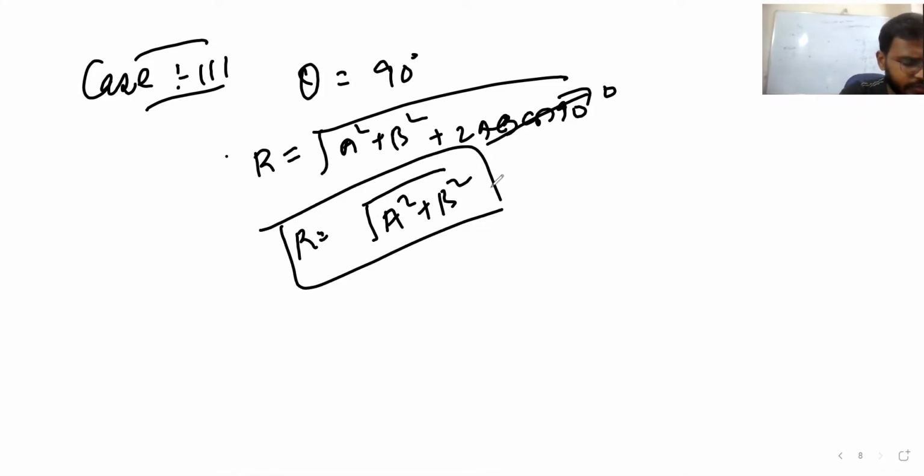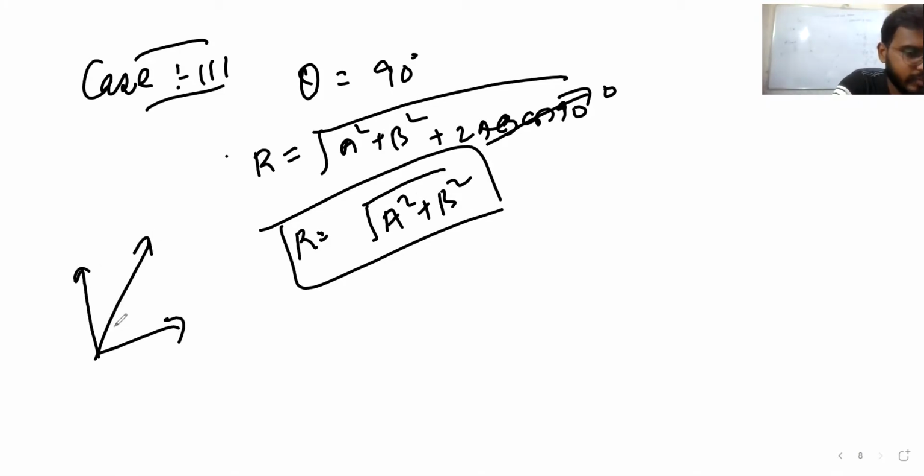That's it. Now we can say tan alpha, if you see here, it will be like this. The resultant is going to be somewhere here.